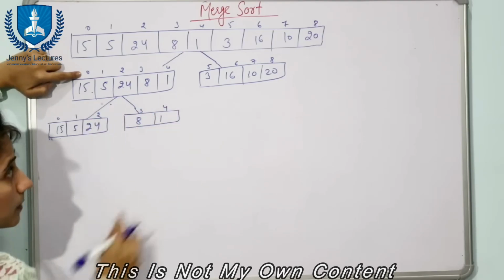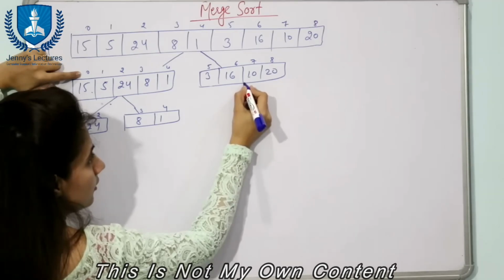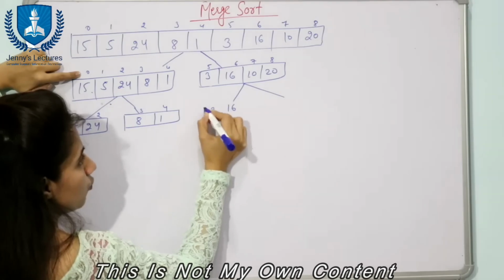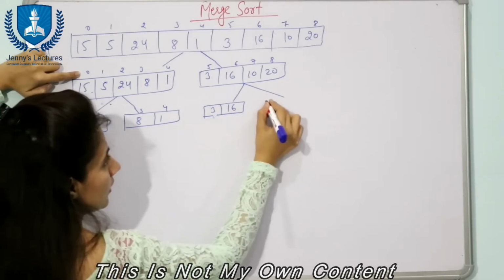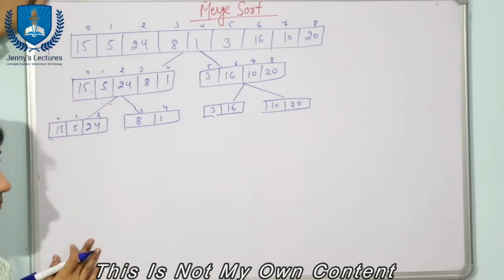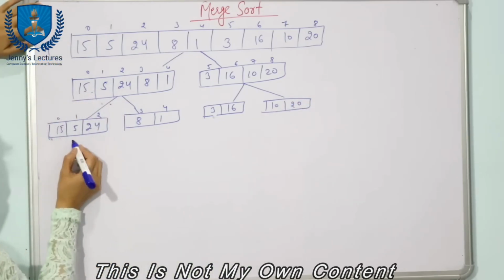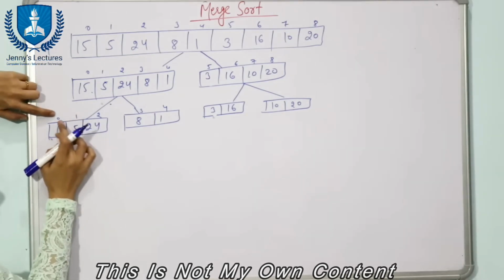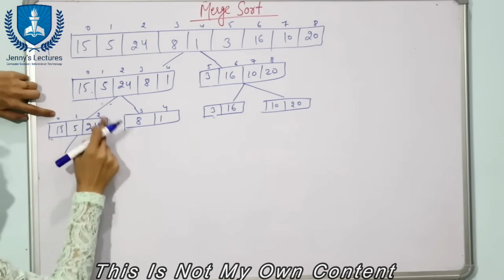Similarly, the other part will again be divided into two parts, with 3, 16 in one subarray, and 10 and 20 in another subarray. Again this list would be divided into two parts. The middle is 1: 0 plus 2 is 2, 2 divided by 2 is 1.